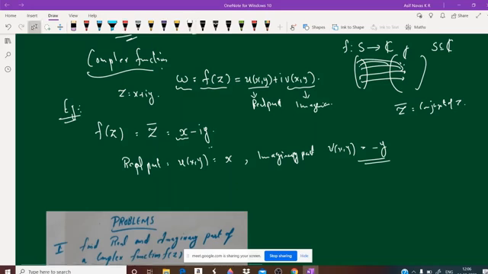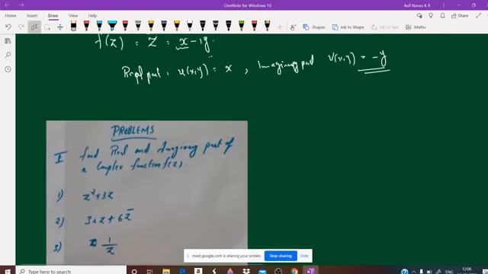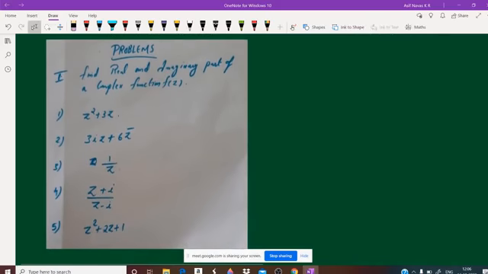Now we can do these problems. Yesterday I gave these problems to solve, and we can do a few problems. So in the first problem, this is a KTU examination.